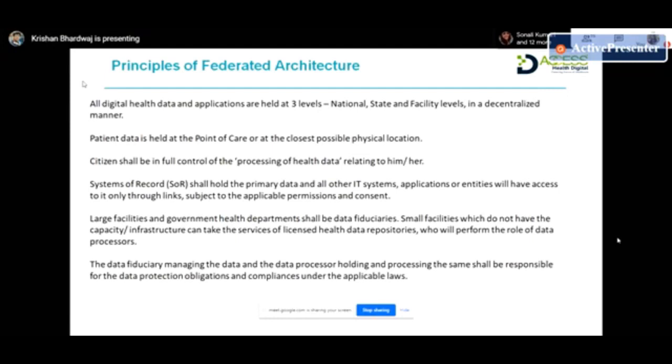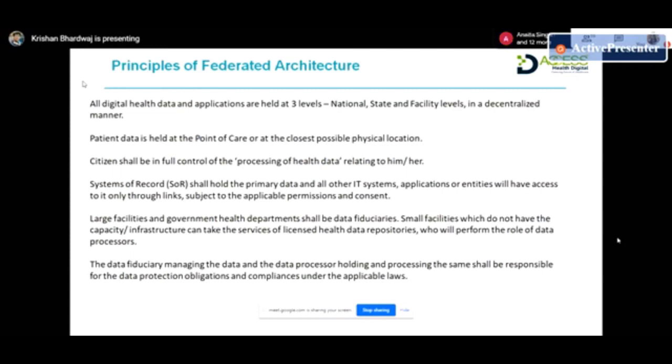Then it will not serve the purpose, because you will have duplication of the same data, and it will cause data integrity challenges. So what federated architecture talks about is you have all the data residing at the system of records, but the pointer of that record should be kept with all these other applications like PHR.